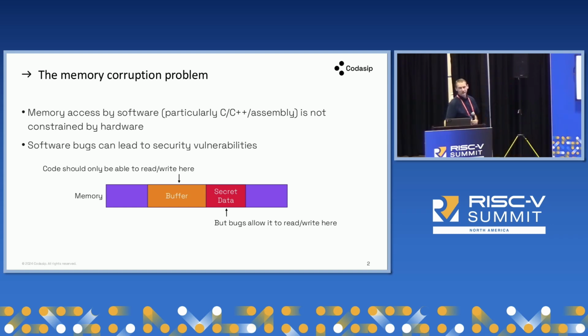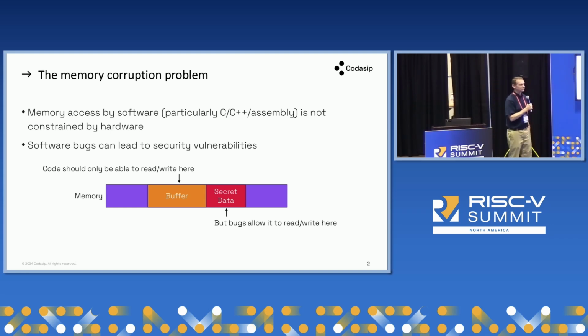Okay, so obviously when we're looking at memory corruption and buffer overflows in particular, typical cases where you have a buffer defined, because CPUs typically use integer values to reference memory, then that integer value is unconstrained.